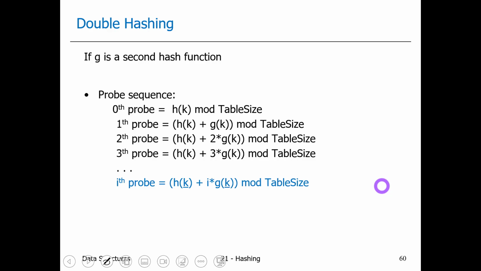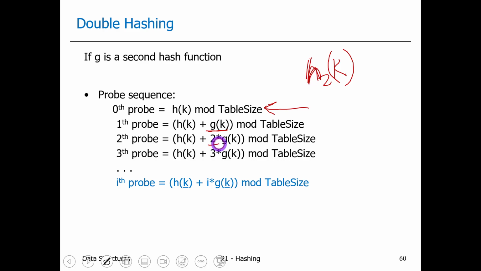The probe sequence becomes something like this. At the 0th probe, that is the first time you are finding the location, it is simply the hash function. And as i increases, the first time it will be g of k, which is h2 of k. In the previous equation, it was h2 of k.